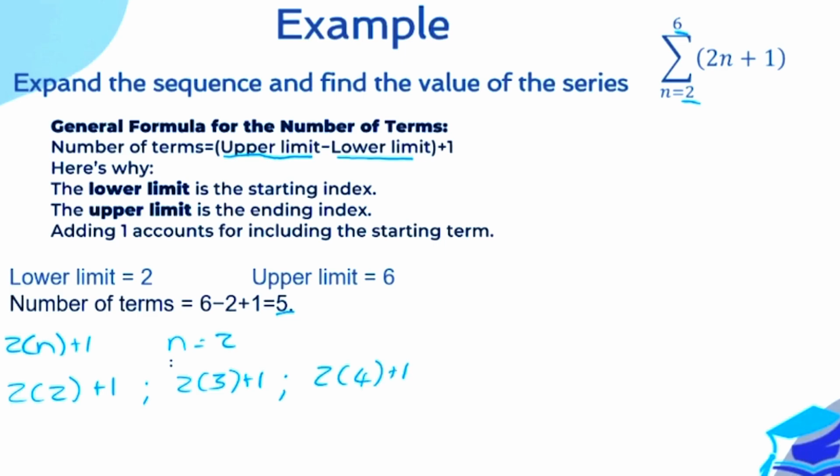The next term will be 2 times 4 plus 1, then 2 times 5 plus 1, and then 2 times 6 plus 1. And this will give us our sequence of 5, 7, 9, 11, and then 13.